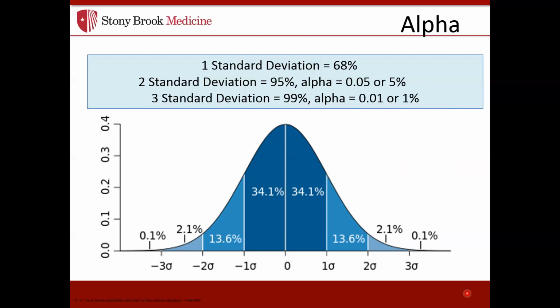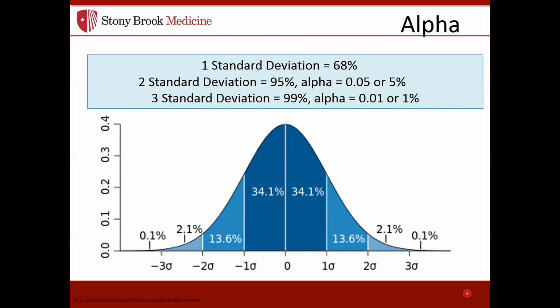This is also the probability of a type 1 error, which is having a false positive or false statistically significant test. If you look at this graph, it will show you that 1 standard deviation is equal to 68% of your bell curve, or 68% of your projected values should lie within it if it is normally distributed.